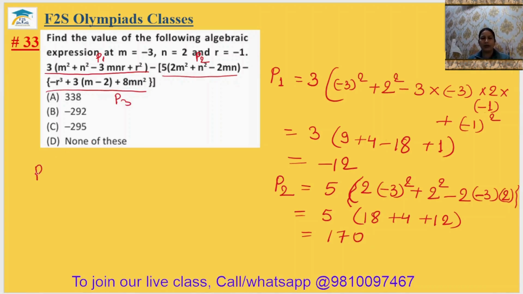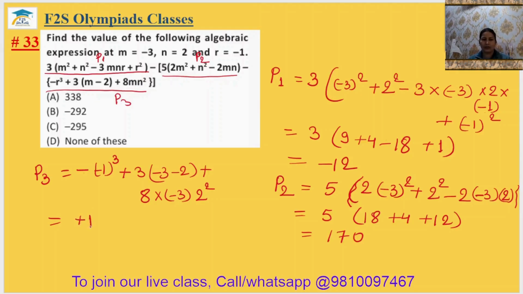Now part 3. Part 3 is minus r cube plus, I'm just writing it directly here, no need to write the expression. Minus r cube means minus and minus 1 cube, okay, plus 3 into m minus 2, so minus 3 minus 2, plus 8 into m is minus 3 and n is 2 square, equal to minus 1 and then plus 1.